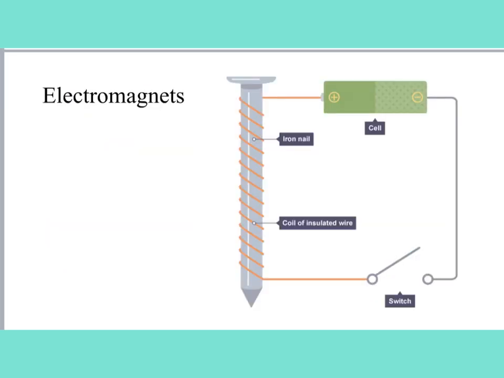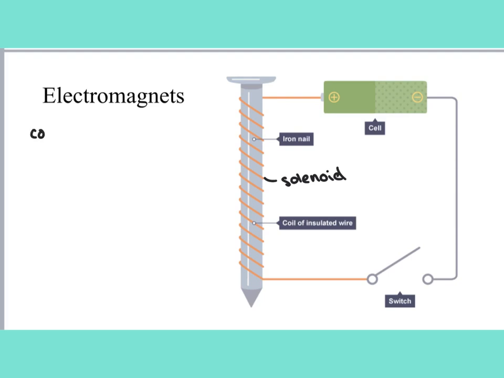As you can see here, we have a wire which is coiled around an iron nail. So we know this to be a solenoid, a coil of wire that produces a magnetic field. And this coil of wire is connected to a cell, which is a power supply. A solenoid connected to a cell is called an electromagnet.